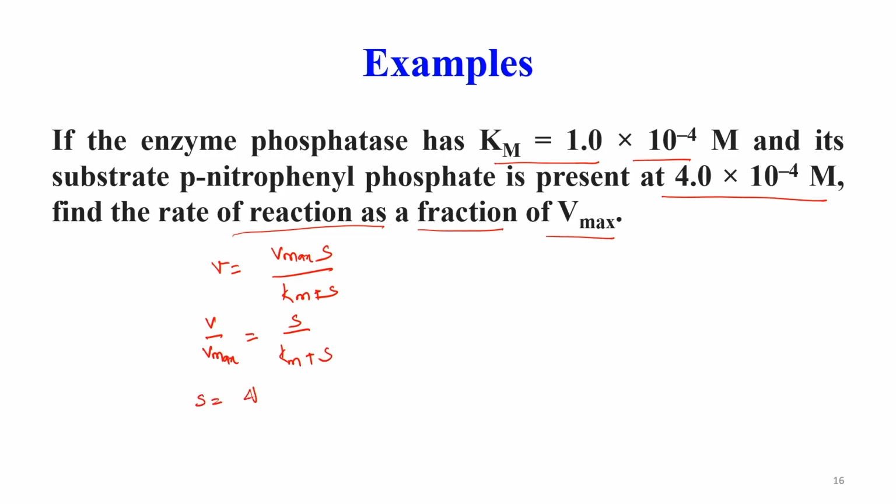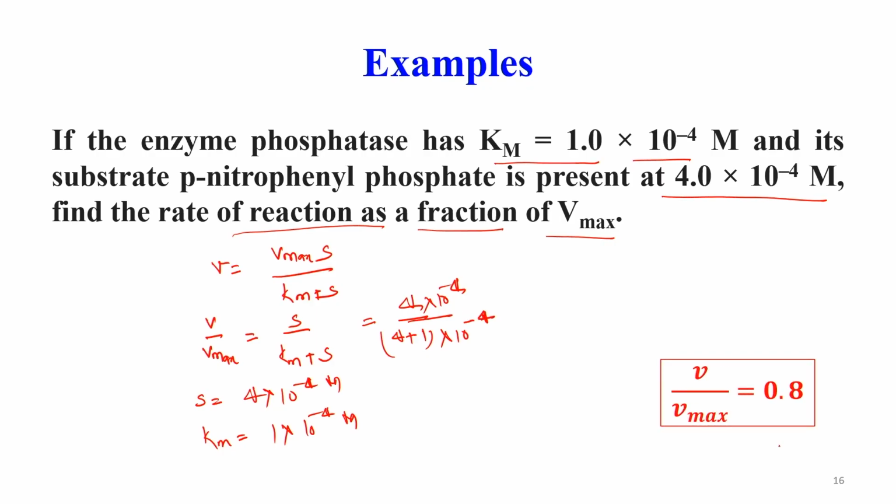S is 4 into 10 to the power minus 4 mole and Km is 1 into 10 to the power minus 4 mole. So, if I put it over here, 4 divided by 4 plus 1, that is 5 into 10 to the power minus 4. So, the answer will be 0.8.